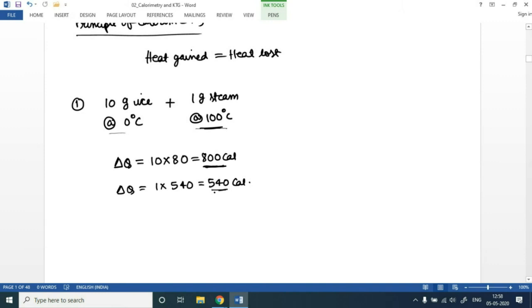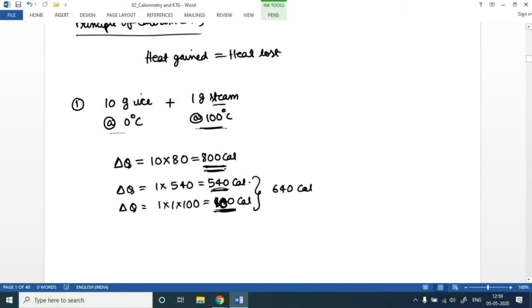Further, the 1 gram steam which has converted to 1 gram water at 100 degrees Celsius will release more heat when its temperature decreases from 100 to 0 degrees Celsius: 1 into 1 into 100, that is 100 calorie. So a total of 540 plus 100, that is 640 calorie heat would be released, and this is still less than 800 calorie.